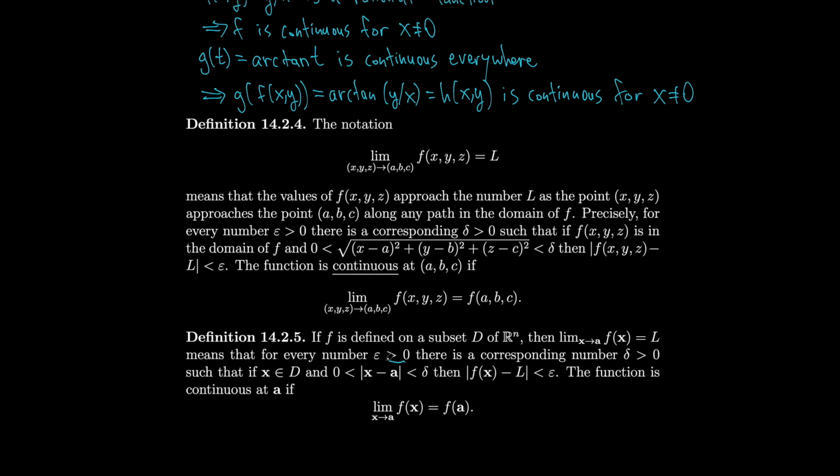So we say if the distance between the point with those n variables and our point a with another n variables is less than delta, then that has to force f of x minus L to be less than epsilon, and if it does, then our limit exists, and then our function is continuous, same as before, if the limit of the function is equal to the value of the function.